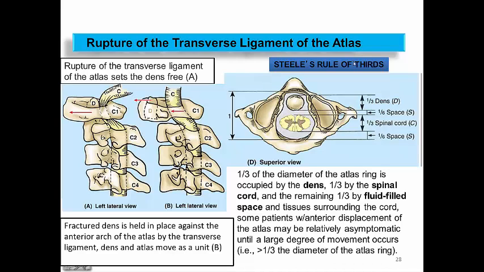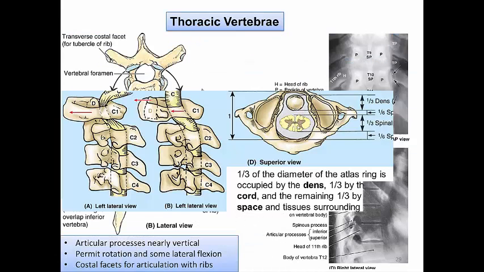Steele's rule of thirds tells us that a third of the diameter of the atlas ring is occupied by the dens, a third is occupied by the spinal cord, and the remaining third is occupied by fluid-filled space. So we can displace the atlas to a certain degree, but if we displace it more than a third, then we will become symptomatic, because odds are that we will compress the spinal cord.